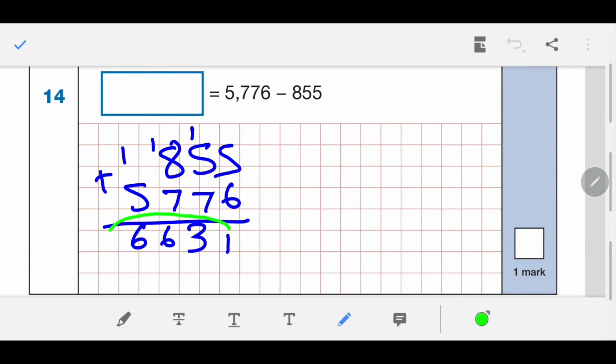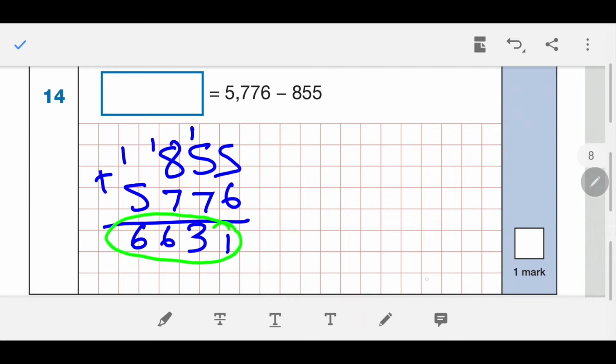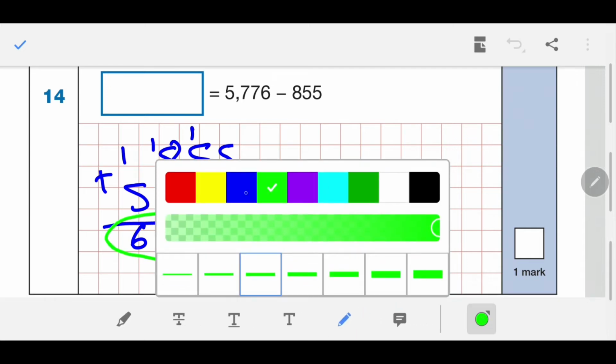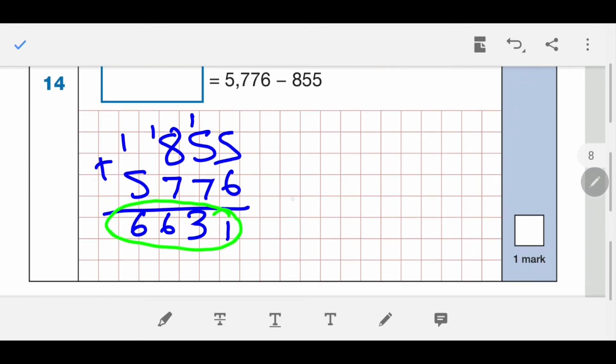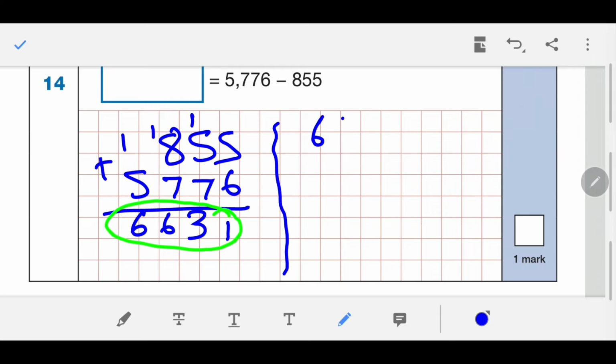Okay, so our answer is 6631. Now, if we would like to double check, we can use the inverse operation as before. 6631 subtract 5776.